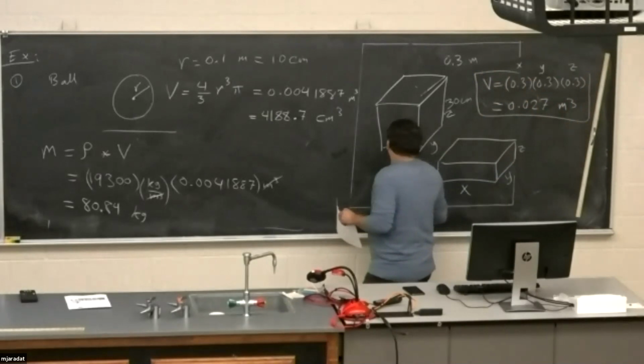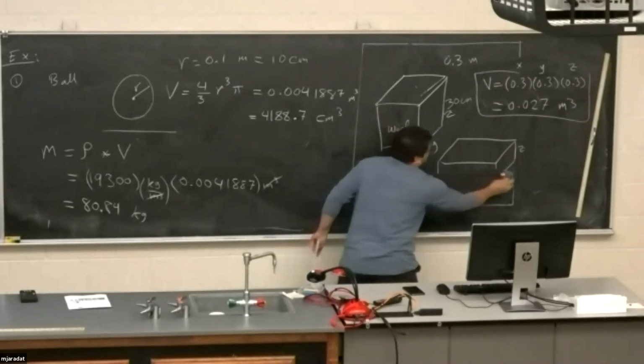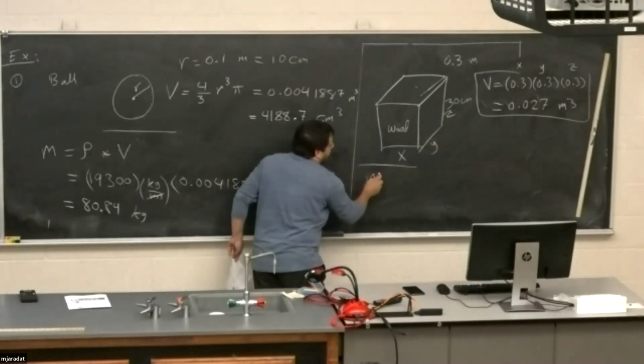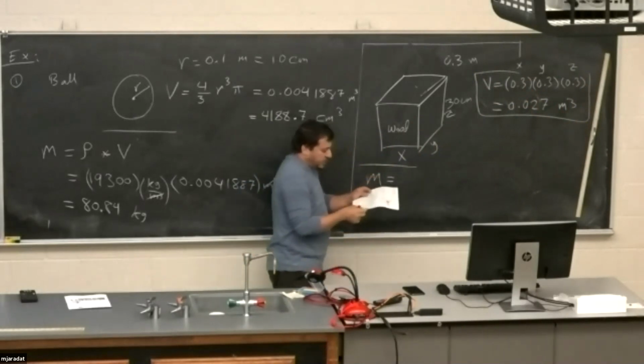What about the density? The density from the table. So the mass is equal to the density from the table.